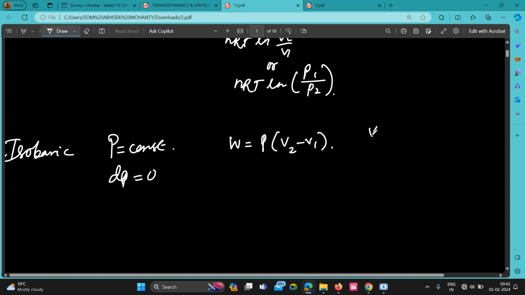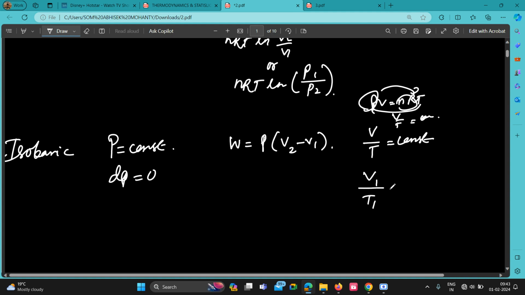And here the equation will be V by T is equal to constant, because we know PV is equal to nRT. Now that P is constant, P will go to that side and nR are constant, and T will come to this side. So V by T will be nR by P, which is constant. That means V1 by T1 is equal to V2 by T2, which will obey Charles' law.